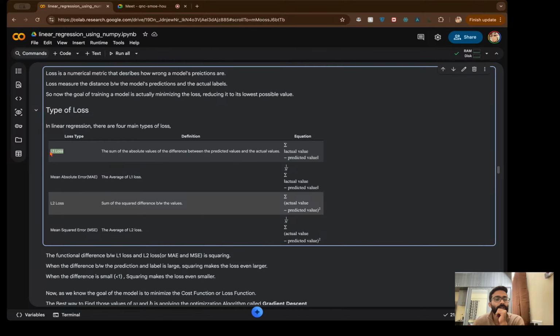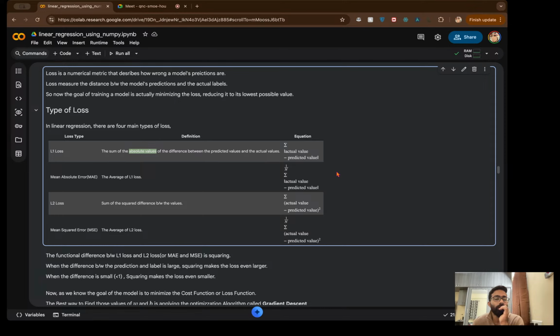Also in the L1 loss, where we are not squaring, we are taking the absolute values. That's what I was referring to: before the A there is a bar, and after the E there is a bar. We are only concerned about the absolute value of the difference between the actual value and the predicted value.